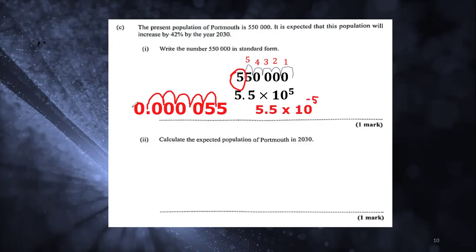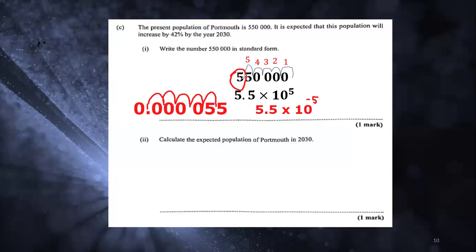It's minus whenever you jump to the right, and if you jump to the left, as in the first case, it's going to be positive. You understand this? This is 5.5 by 10 to the 5. This is 5.5 by 10 to the minus 5. They look very similar, but these two numbers are completely different.